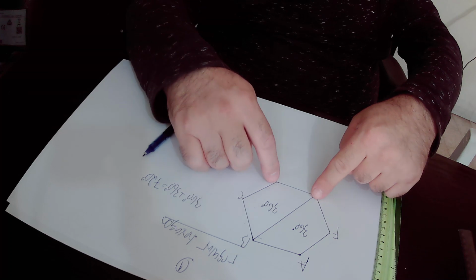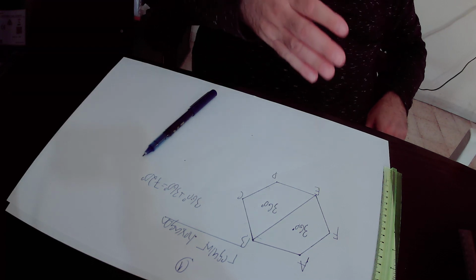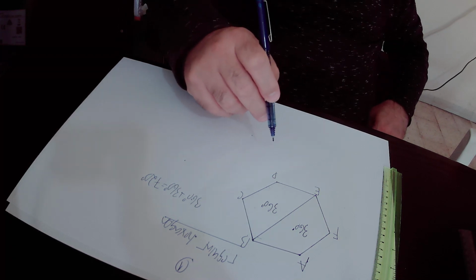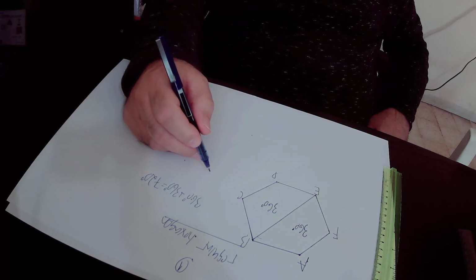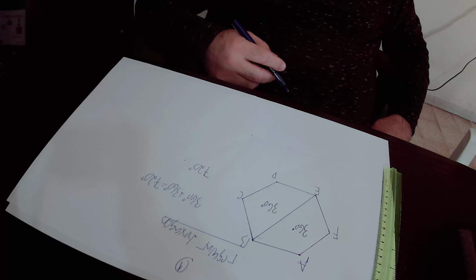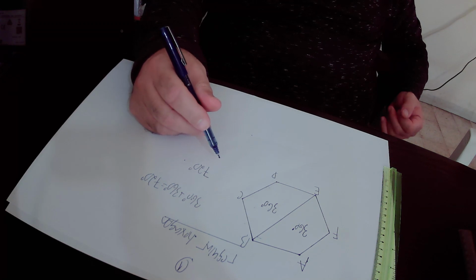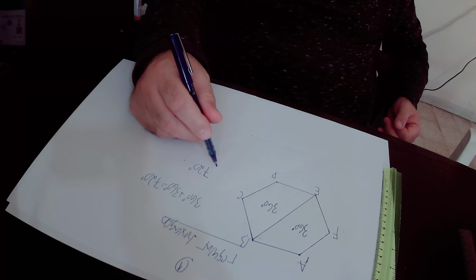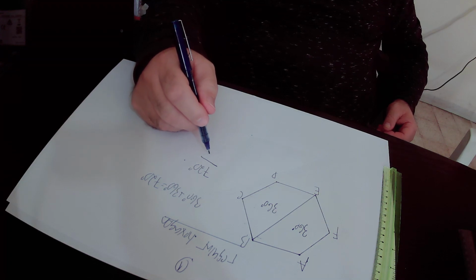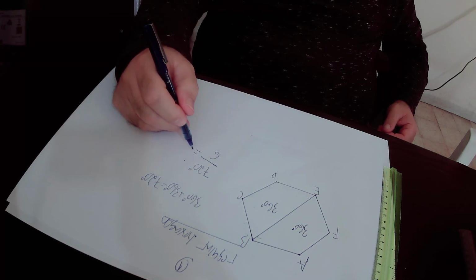We want to know the size of one out of the 6 interior angles in this regular hexagon A, B, C, D, E, F. Because the sum of the 6 angles is equal to 720 degrees, and in total we have in any regular hexagon 6 equal interior angles, we have to divide the sum of the total angles, 720 degrees, by the number of interior angles, that is 6. 720 degrees over 6 is 120 degrees.